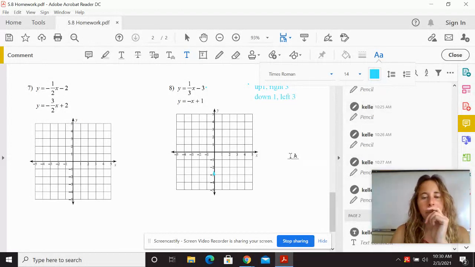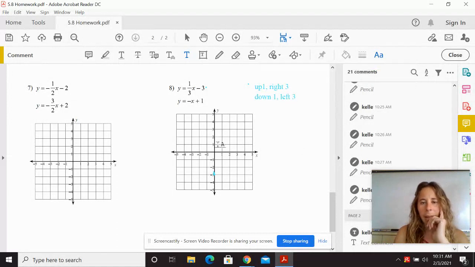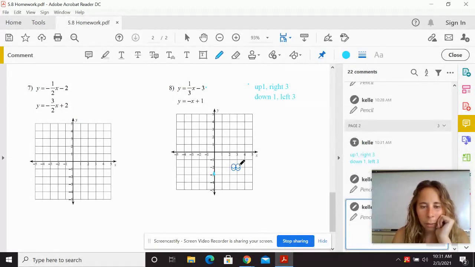So we're going to go up 1 and to the right 3. Up 1, and then to the right 3. 1, 2, 3. I'll do that again just for practice. Up 1, and over 3. Oh, we're off the graph. Tres would be like right there-ish.